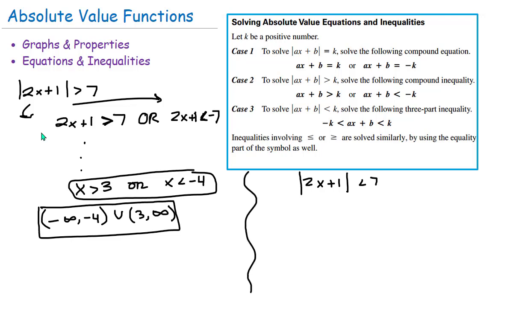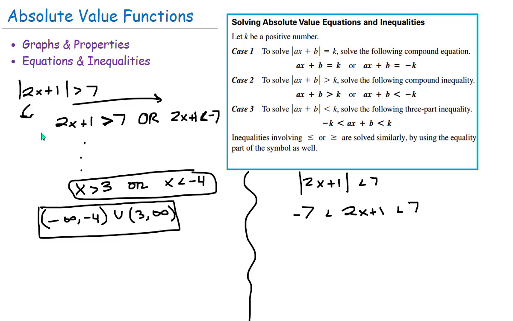And then over here, this one is a less than, so it's saying that our absolute value quantity is less than 7 away from 0. So 2x plus 1 is smaller than 7, or if it's less than 7 away, it's greater than negative 7, because it's in between negative 7 and 0 and positive 7 and 0. And so we set it up as this compound inequality.